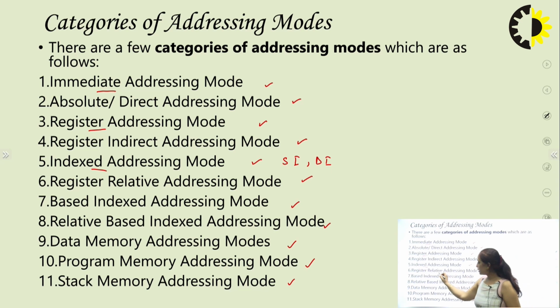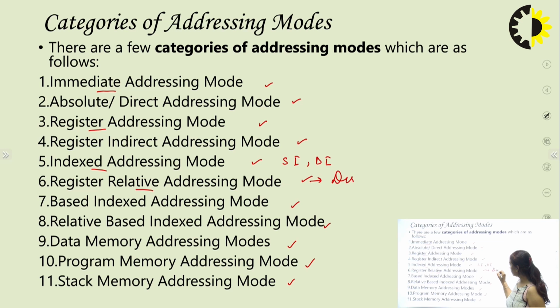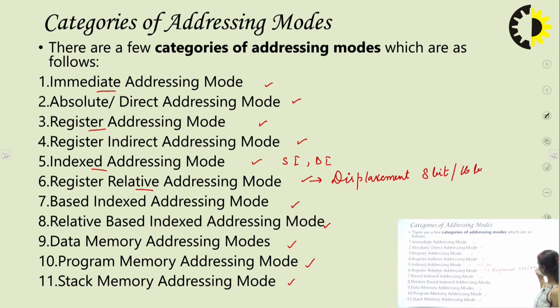The word relative states that it will have some displacement, which can be 8-bit or 16-bit. We must keep these few things in mind while studying the addressing modes. Base index states that it will use some index registers. We are going to elaborate these addressing modes in the further slides.